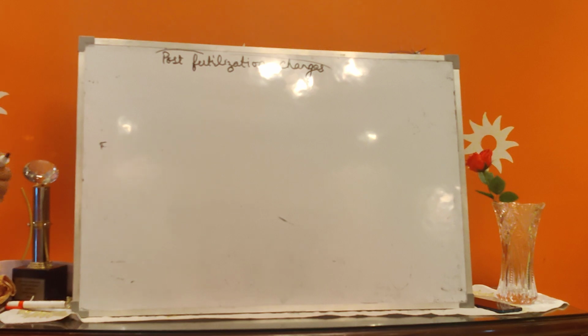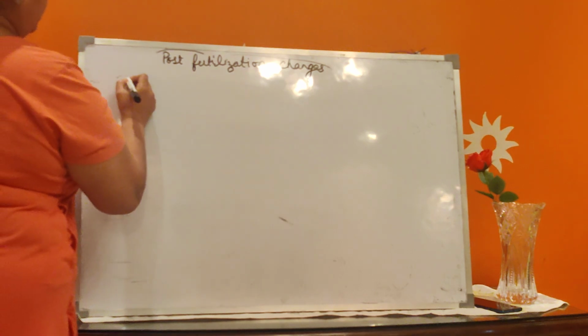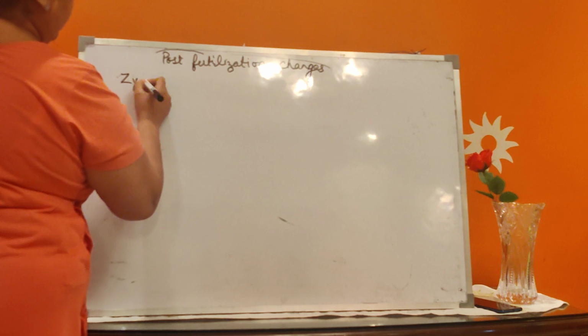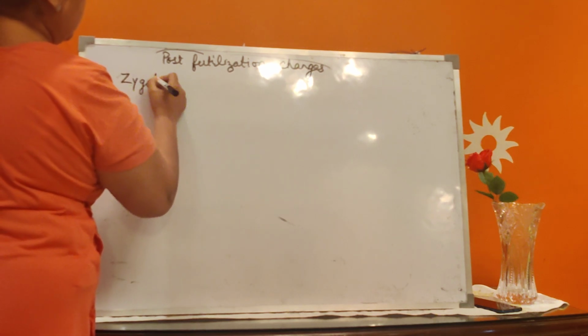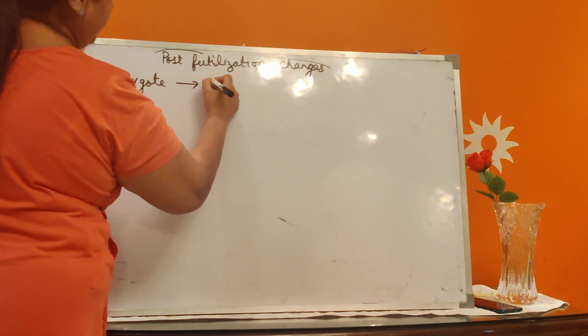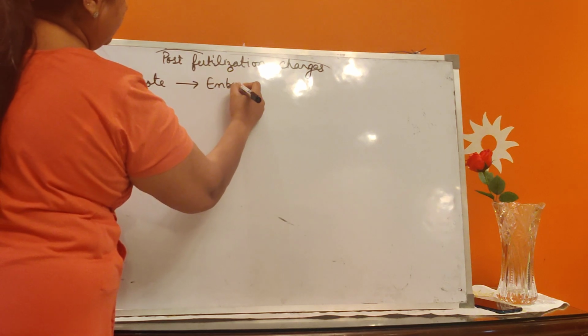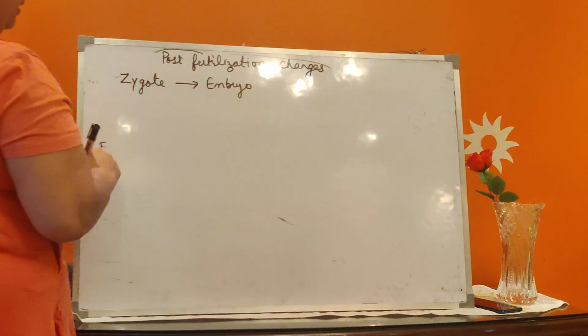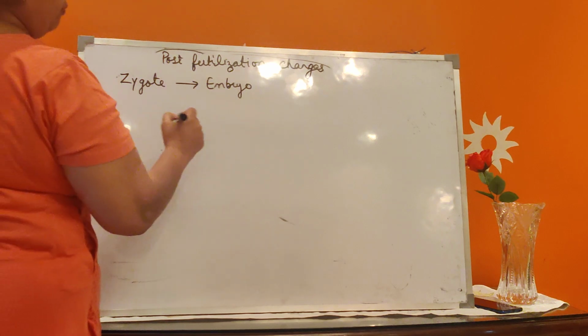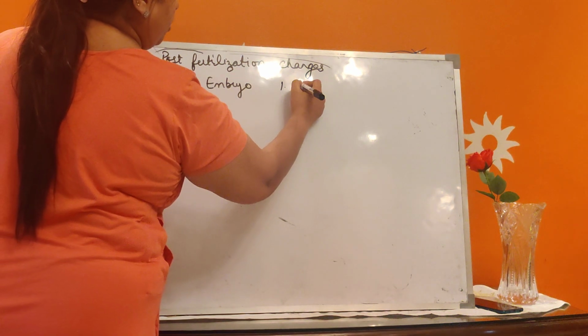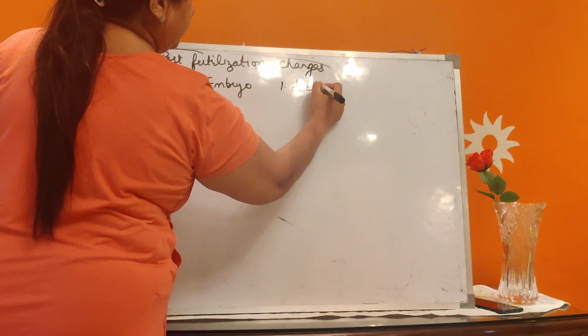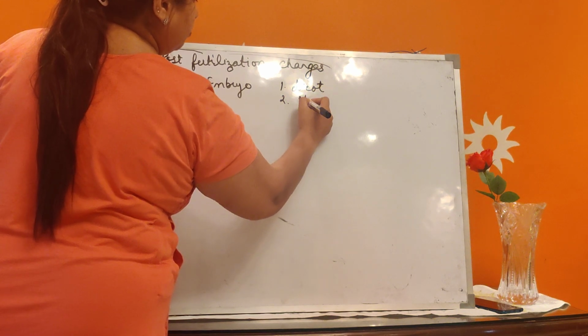But here we are discussing the zygote when it turns into an embryo. Zygotes turning into embryos is of two types: one is dicot and the other is monocot.